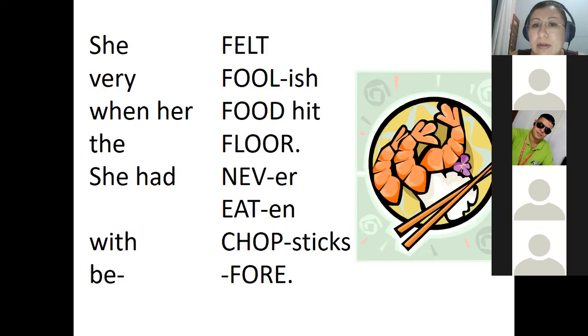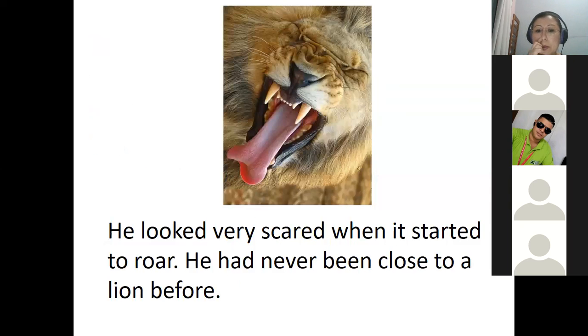Both ways are correct. Ambas formas son correctas, ¿verdad? Nada más que quienes hablan inglés más británico, australiano, dicen eaten, ¿verdad? Y en el inglés americano, canadiense, we say eaten. Okay, both ways are correct. Eaten. Yes, very good. Okay, teacher.